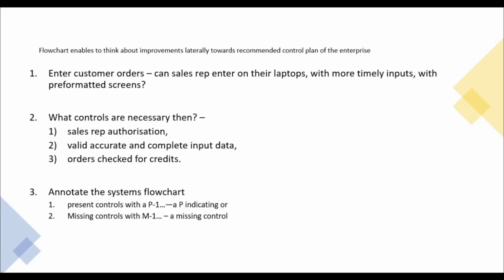So once we have examined the control goals and matched them with the control plan that we have, we can also ask additional questions to improve on controls. For example, in entering customer orders, we can ask the question: can the sales rep enter these customer orders on their laptop for more timely inputs with pre-formatted screens, online real-time data entry?